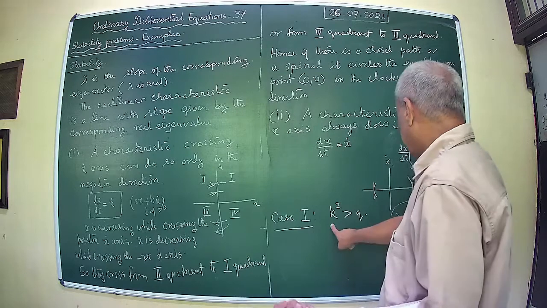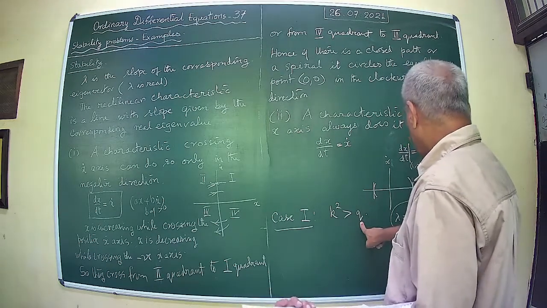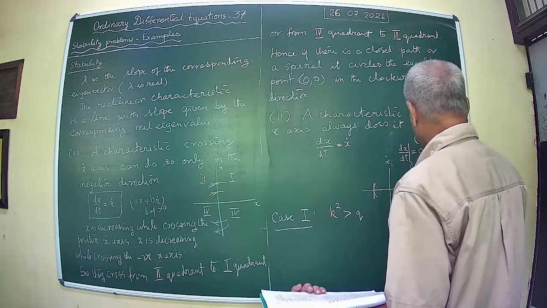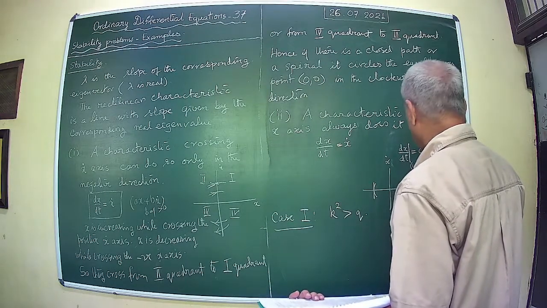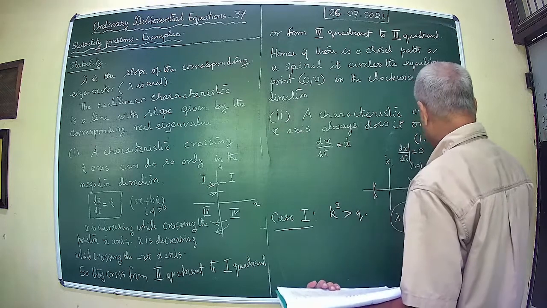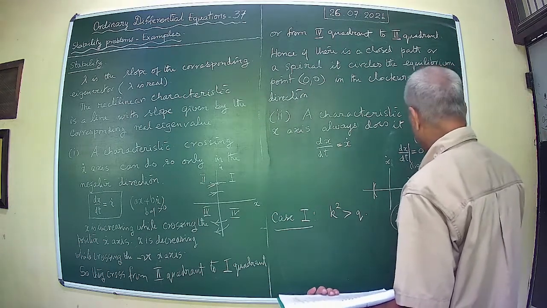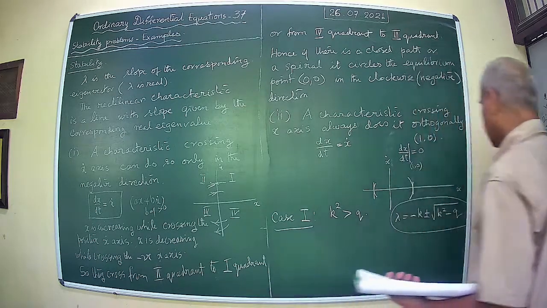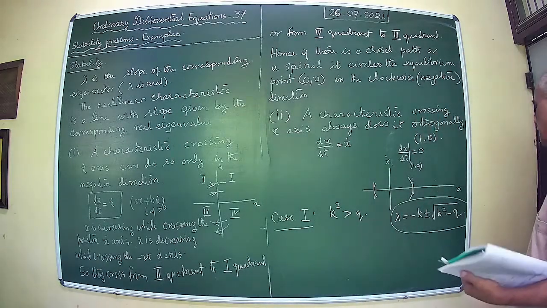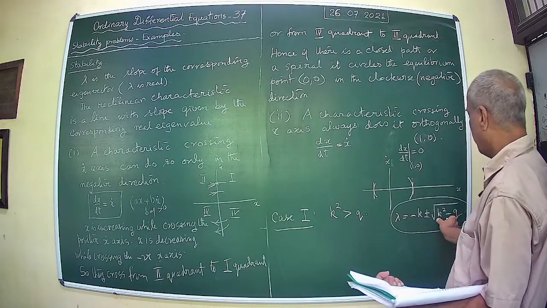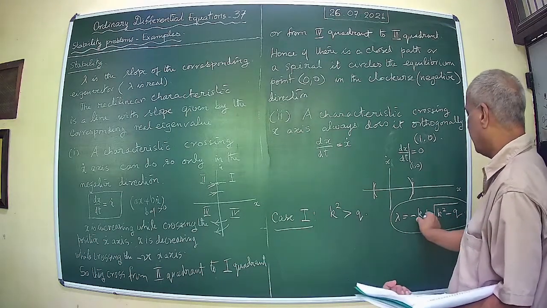So if k square is greater than q, then we are talking about the positive square root of a number. So it is minus k plus square root of this, and you can easily see that in magnitude, the magnitude of this is going to be less than the magnitude of this.